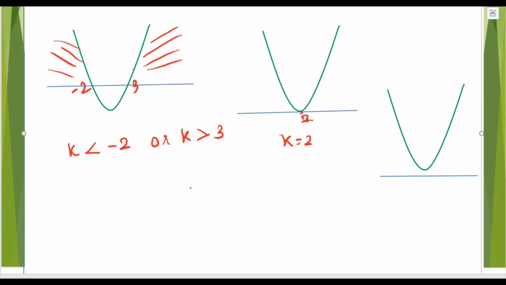In this case, we assume it crosses the line, and the inequality will be this portion. Suppose again we take negative 2 and 3. So k will be in between minus 2 and 3.